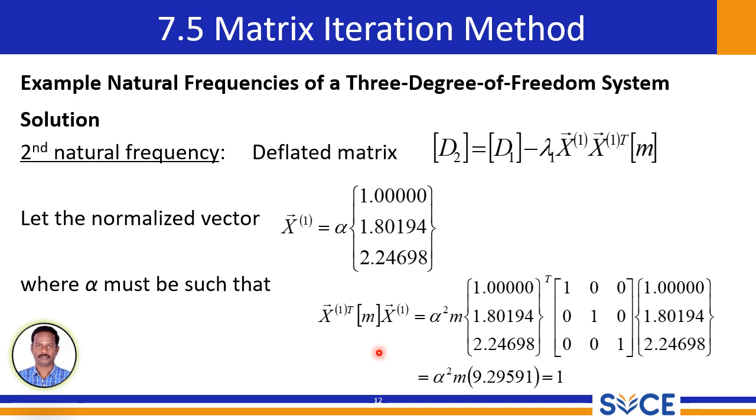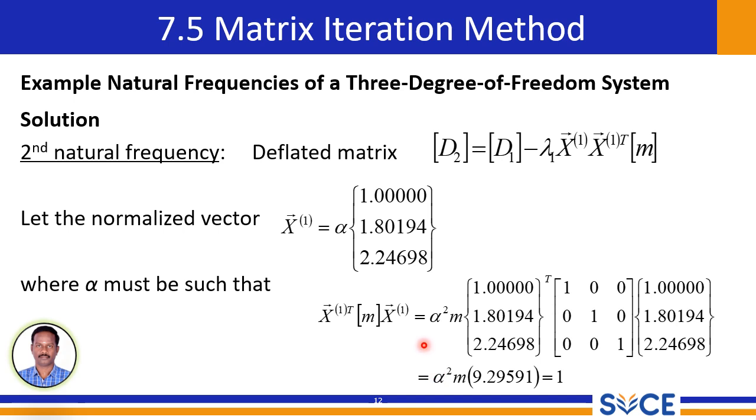This is represented by introducing a scaling factor alpha. So the first mode shape is written as alpha multiplied by the vector 1, 1.8, 2.24, and then we explain how to find the value of this scaling factor alpha.